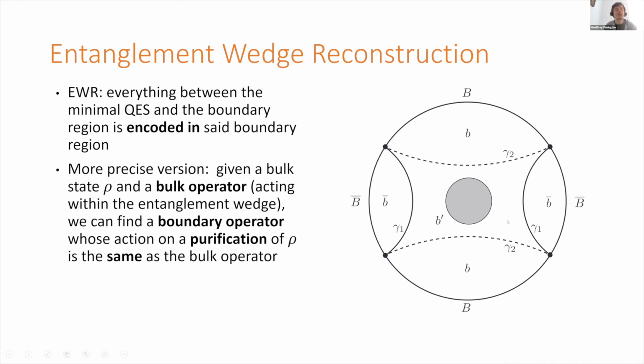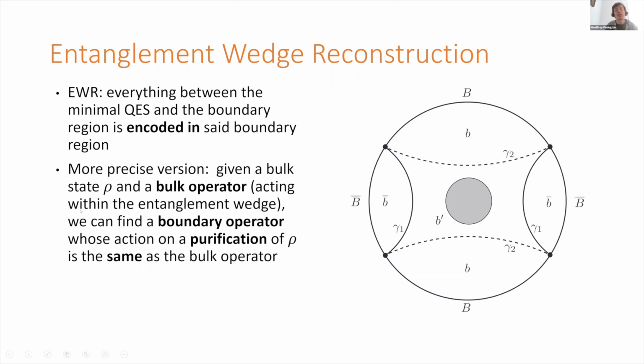In this paper, we introduced a more general definition of entanglement wedge reconstruction that generalizes that code subspace definition. It says you consider an arbitrary bulk density matrix rho, and you consider some bulk operator that acts somewhere within the entanglement wedge for that particular state rho. So this is specific to the state rho.